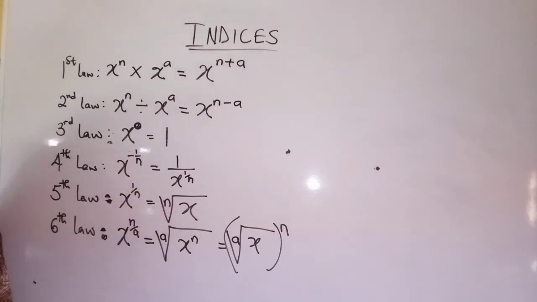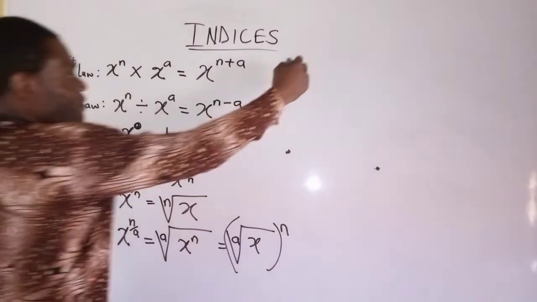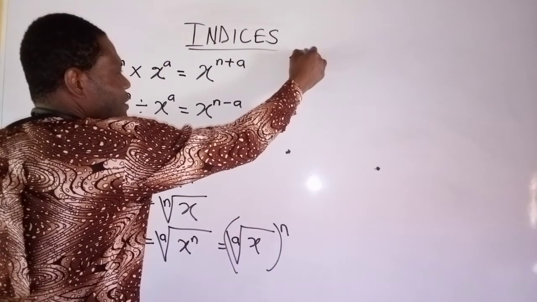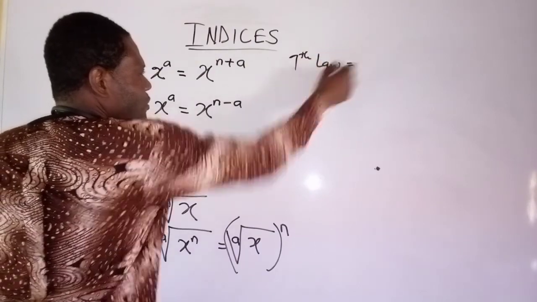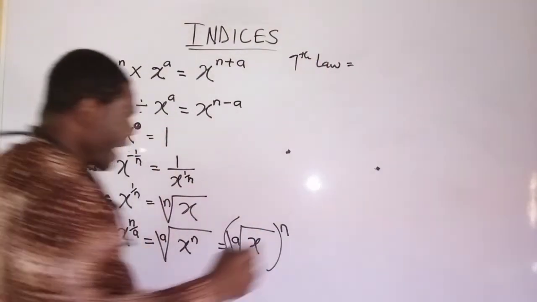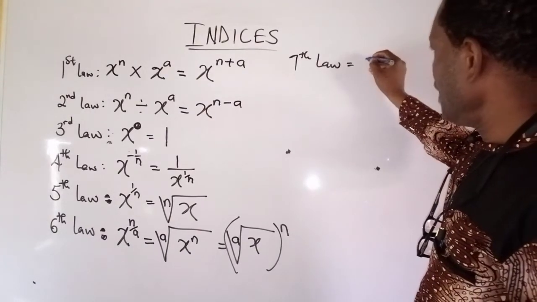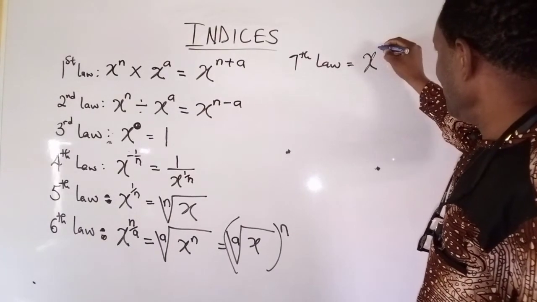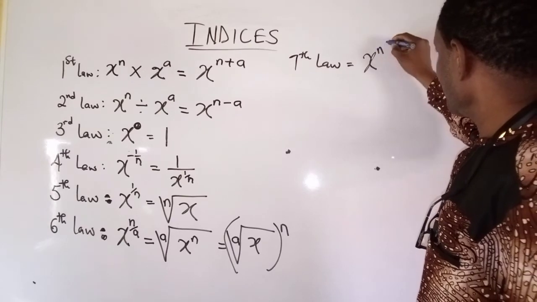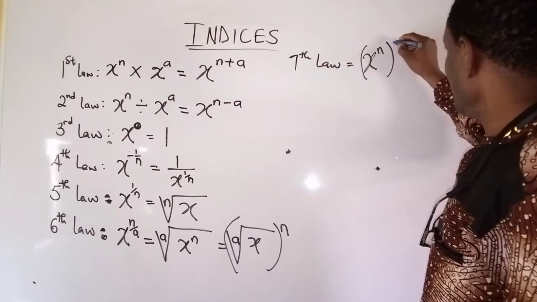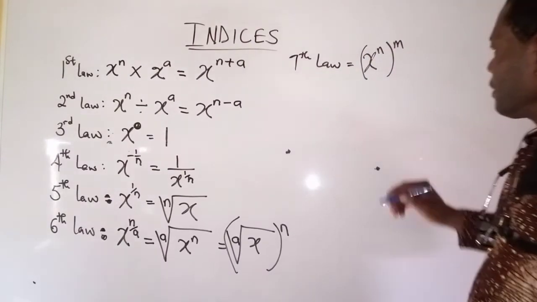Now, the seventh law could be that I have x raised to power n raised to power m.